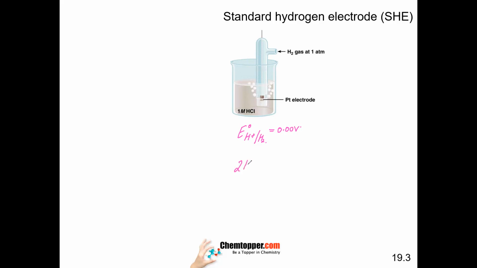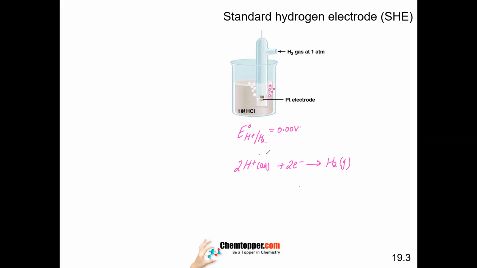That 2H+ undergoes reduction after gaining 2 electrons to give you H2 gas. And the cell potential is 0.00 volt. That's the reaction which is taking place. Can you see the bubbles of H2 coming out?